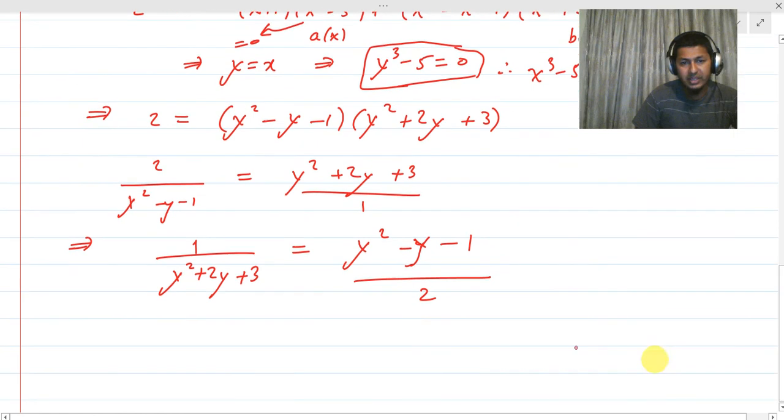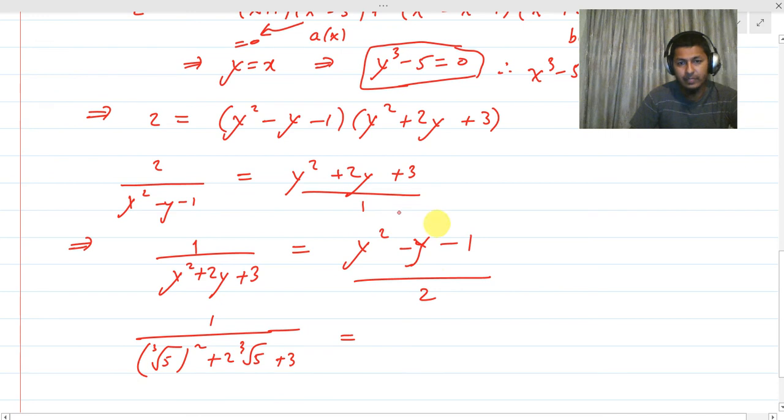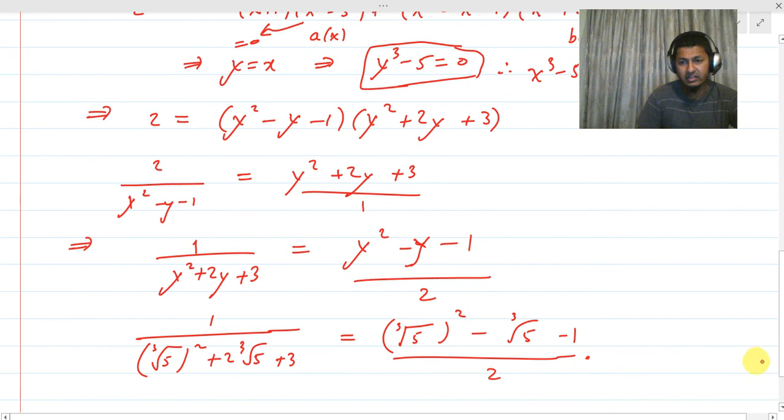So basically this, which was 1 over the cube root of 5 squared plus 2 cube root of 5 plus 3, is actually now equal to cube root of 5 squared minus the cube root of 5 minus 1 over 2, which we have rationalized.